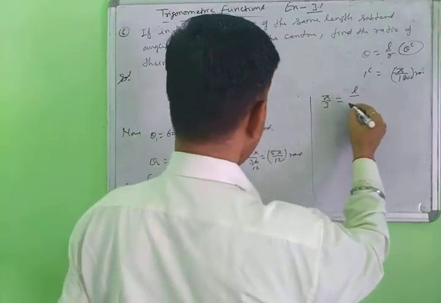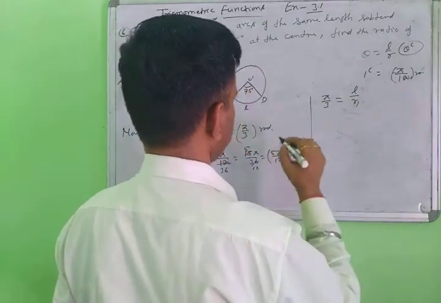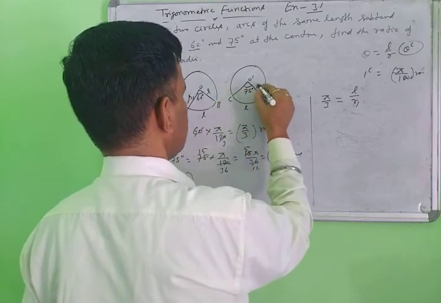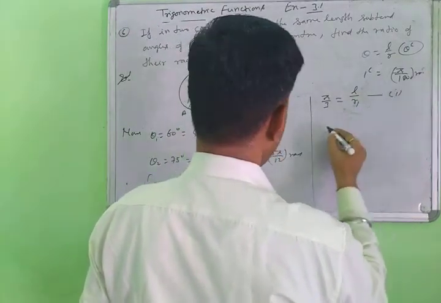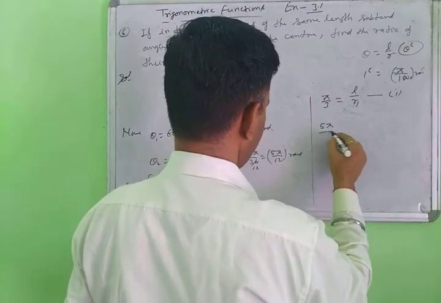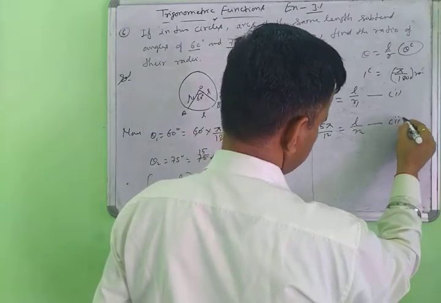This is the same L. This is R1 and this is R2. Next, 5 pi upon 12 equals L upon R2. This is the second equation.